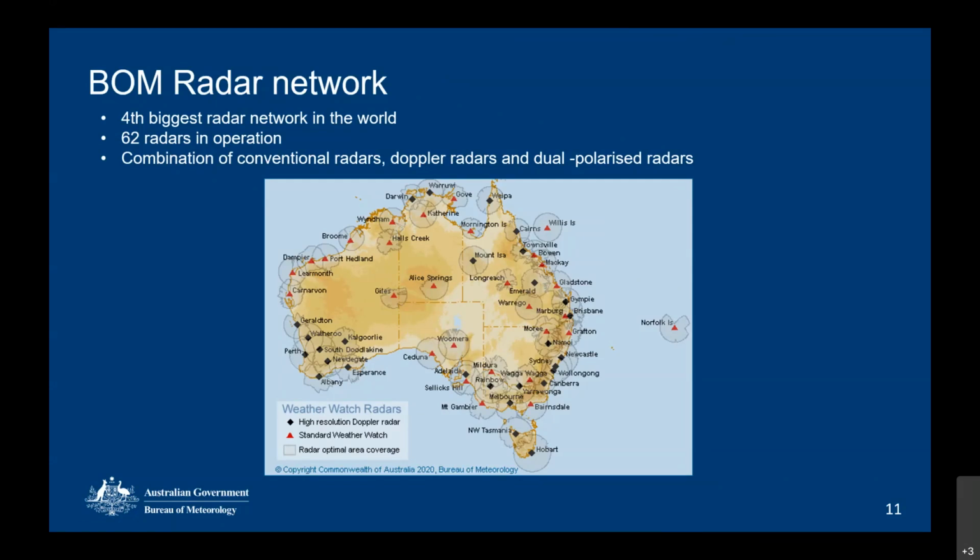So as you see on the picture on your screens, that's pretty much our radar network. And the circles you see around those particular radars are their coverage, that coverage is around 3,000 metres above sea level. That is our optimal coverage. You also see that some of the sites you don't have a full circle around the radar.